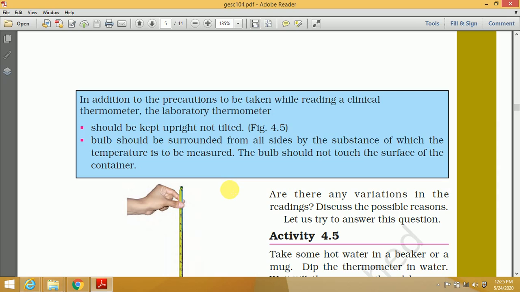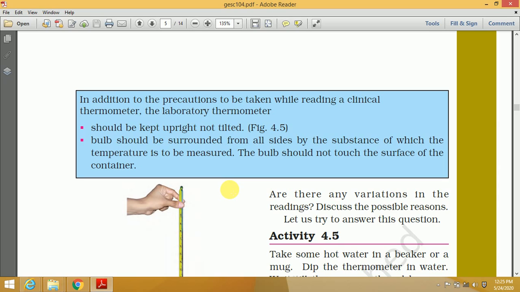But this laboratory thermometer can be used to find out the temperature of any object whose temperature is less than 110 degrees centigrade or greater than minus 10 degrees centigrade. Another difference is the kink. In clinical thermometer, there is a kink which will prevent the mercury from falling down by its own.